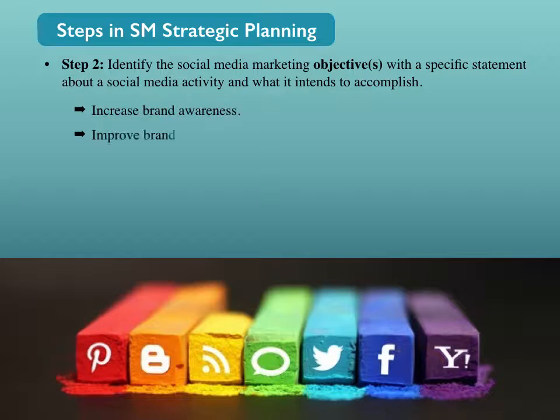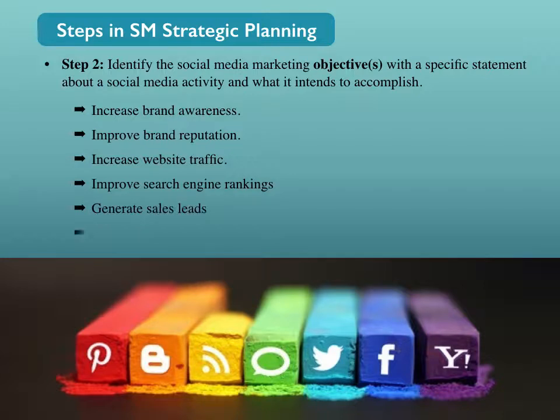So some of the things that you might want to think about accomplishing in this step is increase brand awareness, or improve the reputation of the brand, or increase website traffic, maybe improve search engine rankings, generate sales leads, or just increase sales. So you have a lot of different objectives you can have for your plan, but you need to have some type of objective to be able to measure if you met that objective in the end.